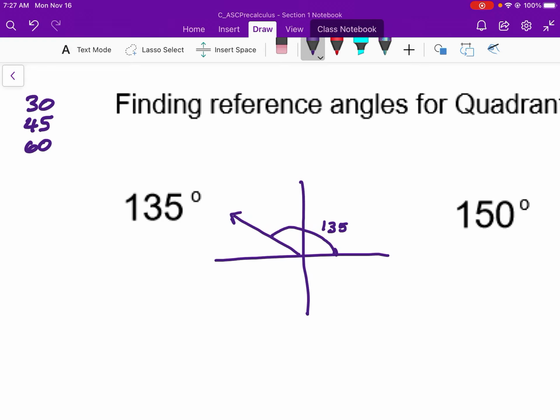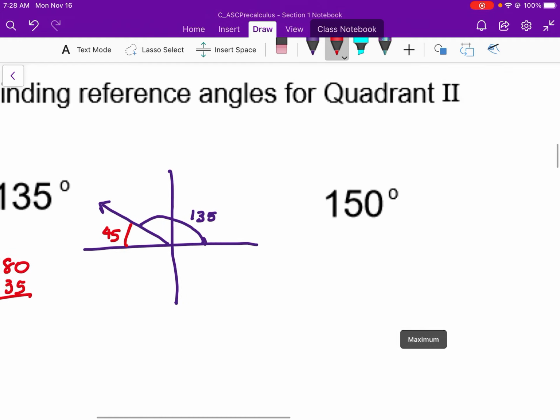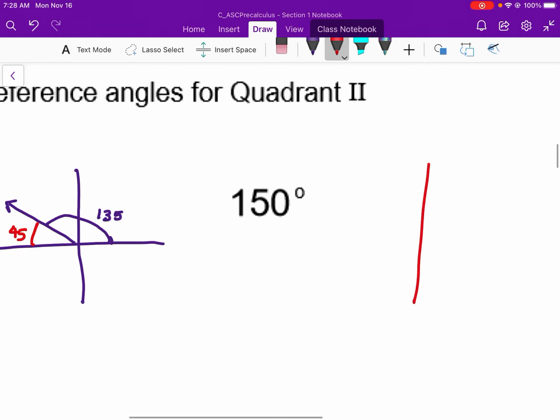Now, when I find the reference angles, I always use the x-axis. Always use the x-axis. How far from the x-axis am I? So in quadrant 2, we're going to take 180 minus the angle. And that's going to give us 45. For 150, I start over here, and it's more than 90 and less than 180.